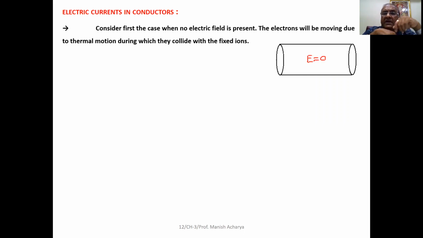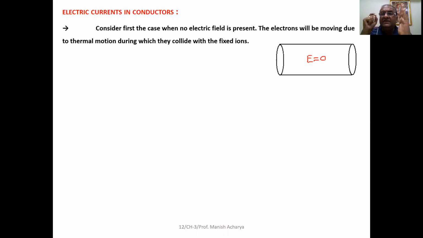So when the random motion of electrons is there, and if no electric field is present in the conductor, then if we think about any cross section of the conductor, the net amount of charge flowing through it in a given time interval comes to zero.